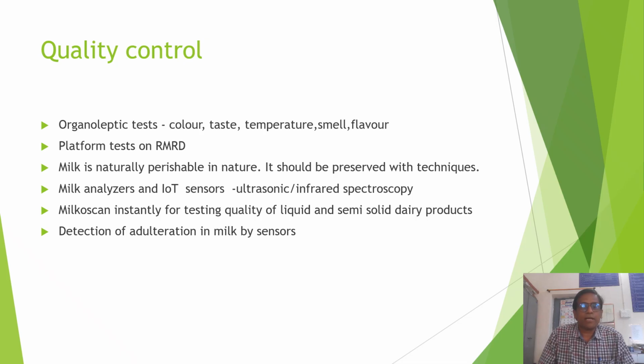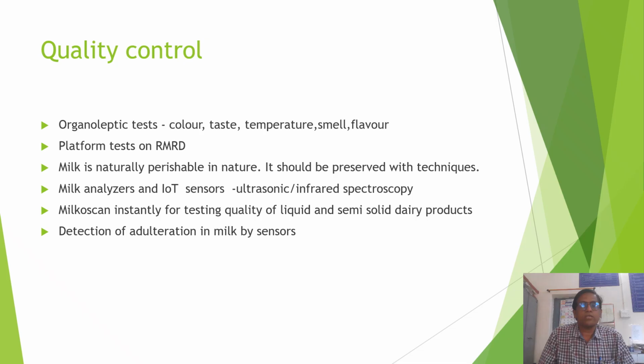By using these analyzers, we can identify the content of various constituents of milk, starting from water, fat, protein, lactose, minerals, and recently machines are also identifying the pH of milk and the boiling point and freezing point of milk. By using such sensors and analyzers, we can check the quality of milk. It is an important part of quality control measures.